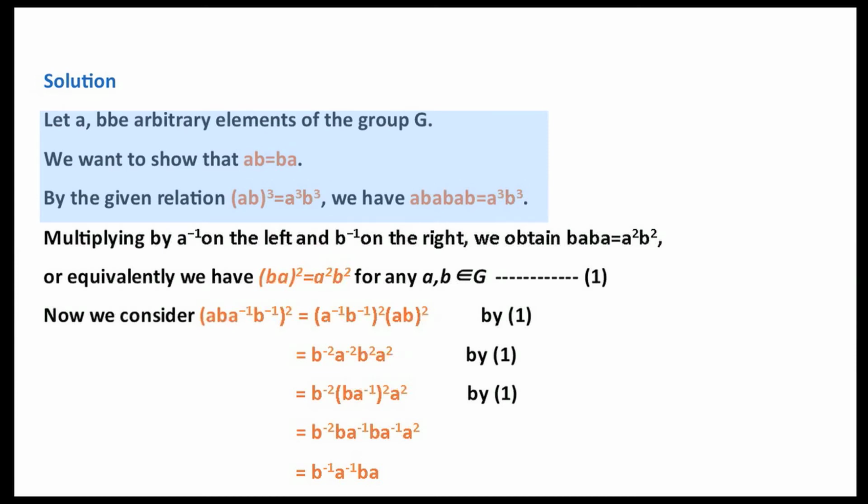Let a, b be arbitrary elements of the group G. We want to show that a b equals b a. By the given relation, (a b) cubed equals a cubed b cubed.